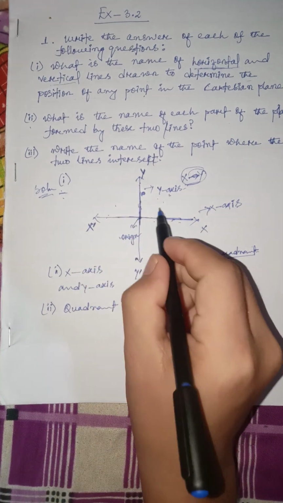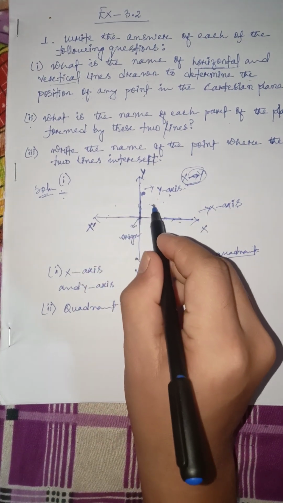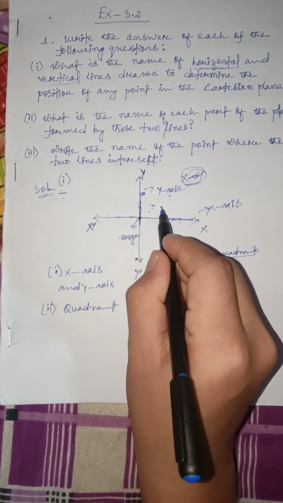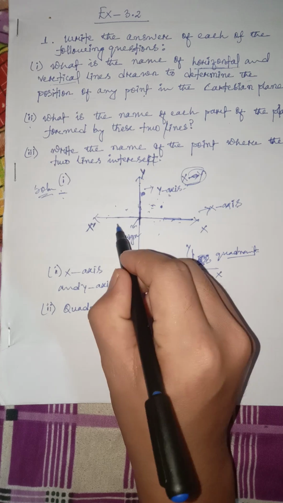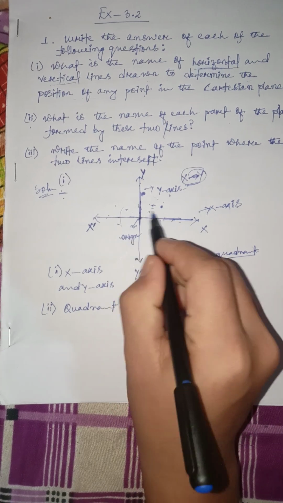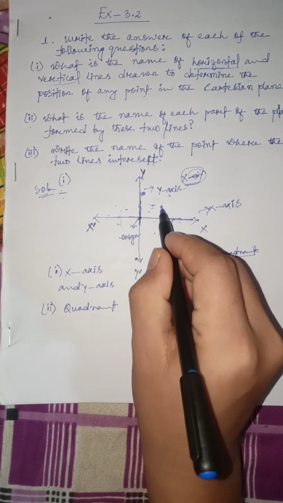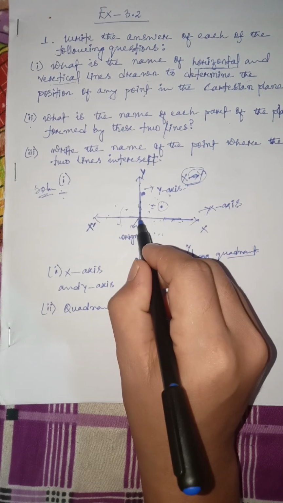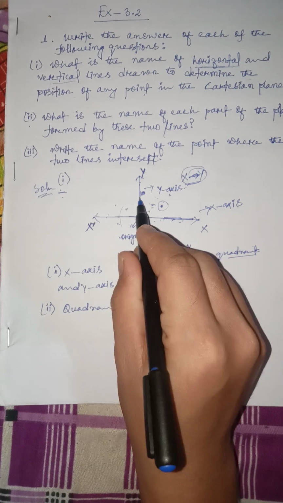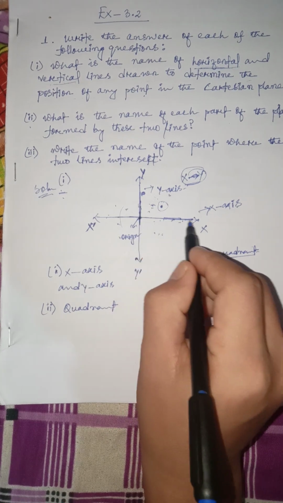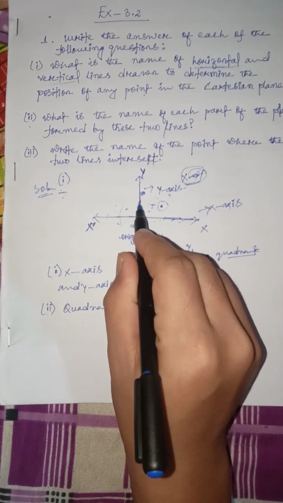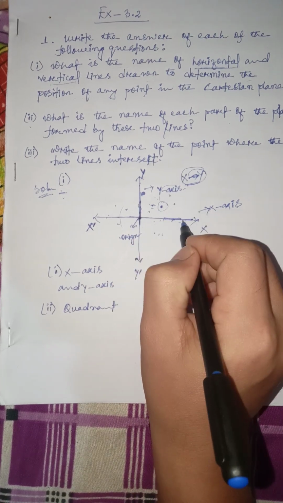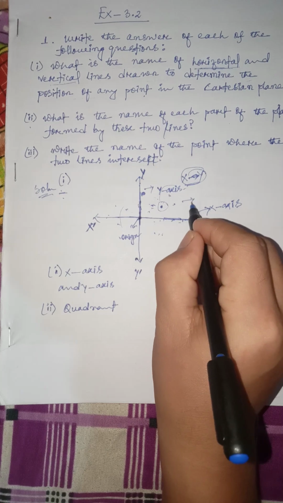This is the Cartesian plane, in which the plane is divided into 4 parts. Here it is the first quadrant, second, third, and fourth. Each part which is made by the x-axis and the y-axis, these two lines, we call a quadrant.